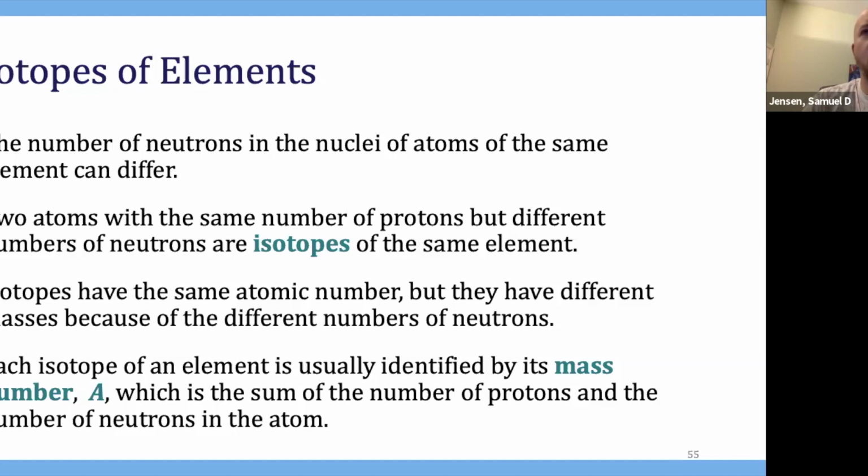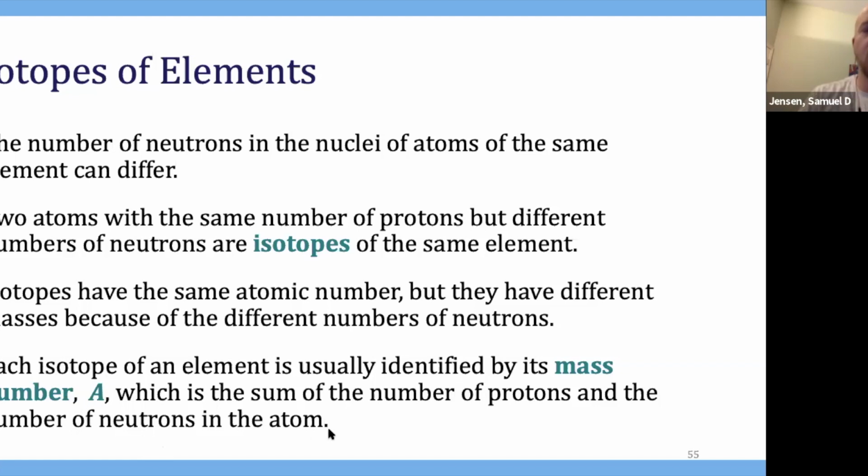So if we have a carbon atom that has 6 protons and 6 neutrons, that is going to be called carbon 12. But if it has 6 protons and 7 neutrons, then it's going to be carbon 13. It is the same element with a different mass. And so we designate the mass number as what we call A, which is the sum of the protons and the neutrons in the atom.